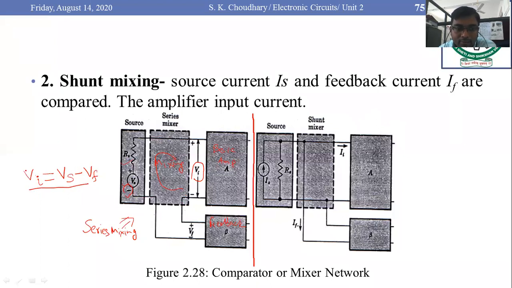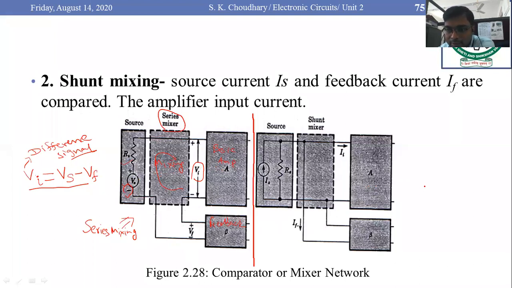This signal Vi is referred to as a difference signal. Generally, the difference signal is always available as input to the basic amplifier in a feedback network, and this is called series mixing.